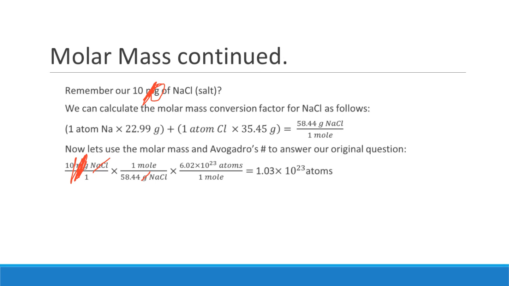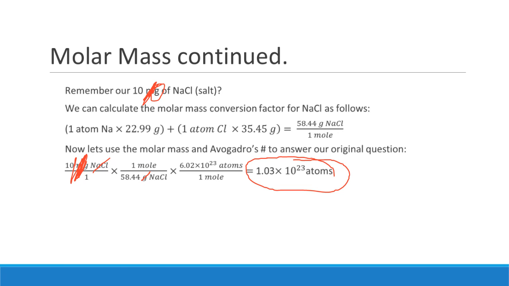So if we have 10 grams of NaCl, over 58.44 grams of NaCl, moving that across, we would just multiply over the top, divide over the bottom. And if you do that, you're left with this amount of atoms total.